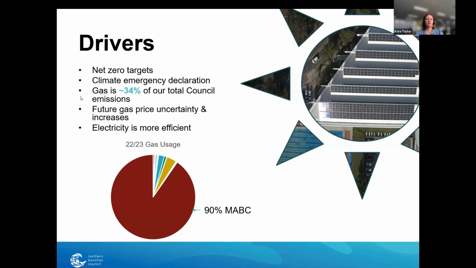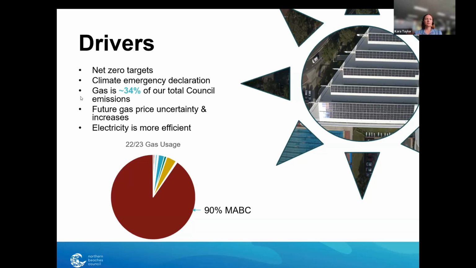As Jarrod was just talking about before, gas prices have increased, and there's a lot of future uncertainty about what that's going to look like as people transition away from the gas network to electricity. There's going to be fewer people purchasing gas, so the network charges will be spread among fewer people. So there's a lot of uncertainty in that space.